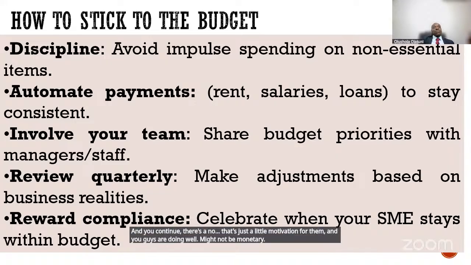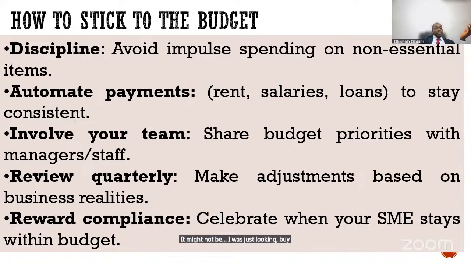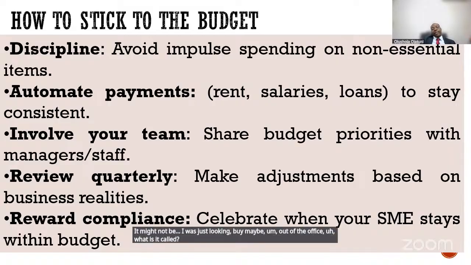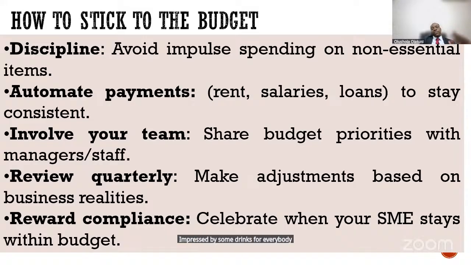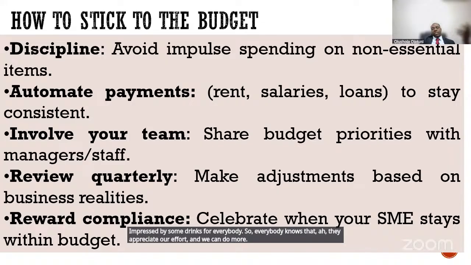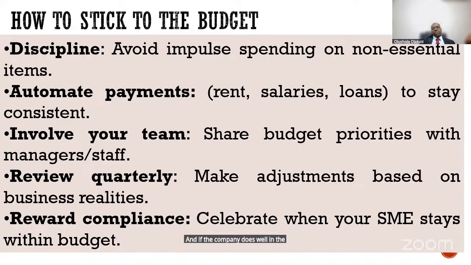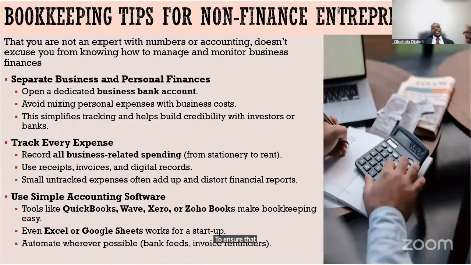Maybe buy some drinks for everybody, so everybody knows that we appreciate their effort and they can do more. And if the company does well in the new year, maybe you improve everybody's remuneration. So that is how businesses stay afloat and ensure that their finances are done properly.